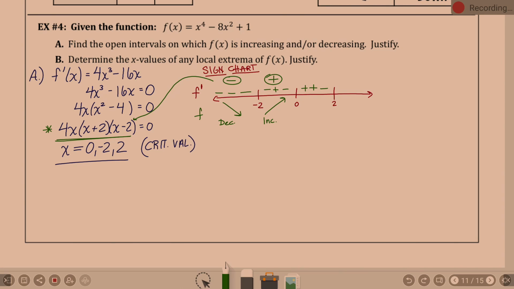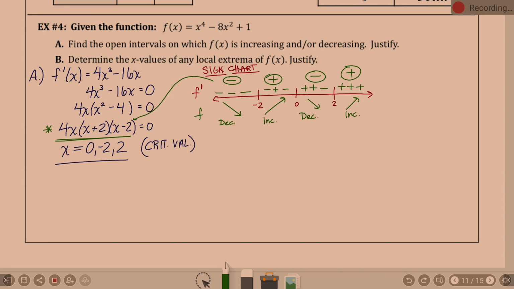Positive, positive, negative is a negative, and so my graph is decreasing. A number bigger than 2, 3. Positive, positive, positive. And so my graph is increasing. Are you with me? Yeah.